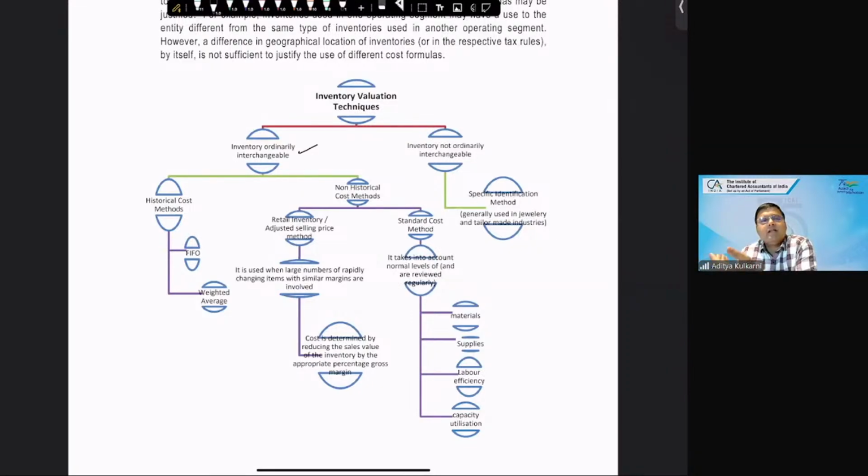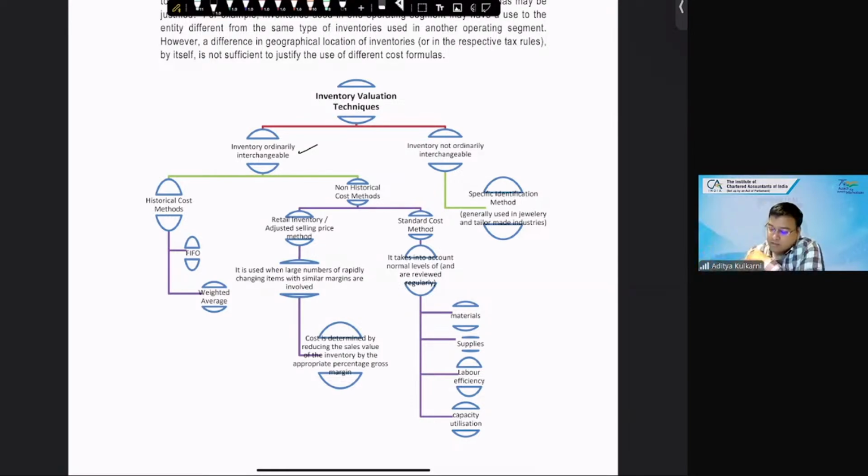Today Mamta will come and tell me, I need 10 packets of detergent from you. Suppose she does not come. Instead, Abhishek will come and say, sir, I need 10 packets. I'll give it to him. He will buy and pay me the amount and go. So these are cases of inventories ordinarily interchangeable.